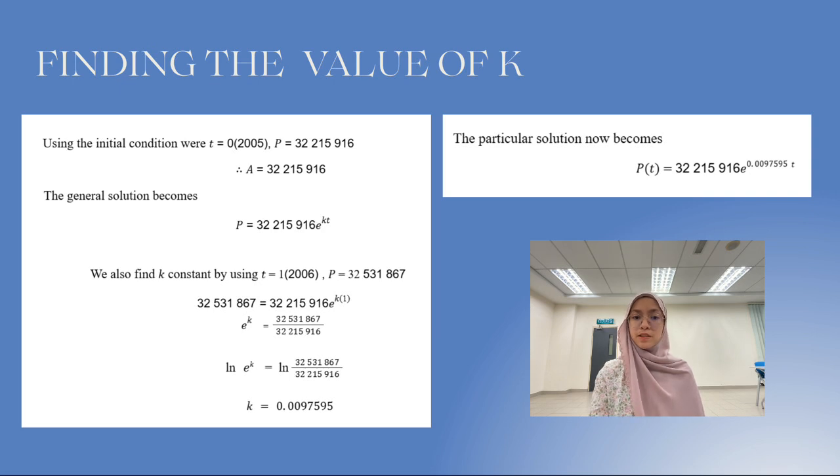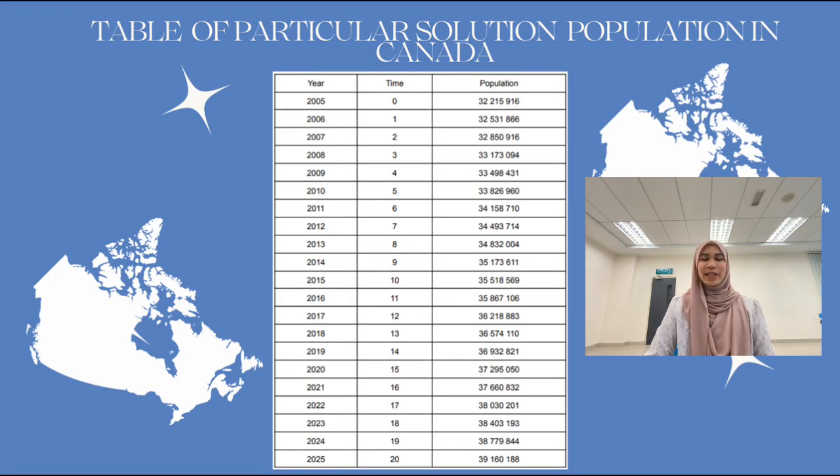So we get the particular solution, which is P(t) = 32,215,916 e^(0.0097595t).